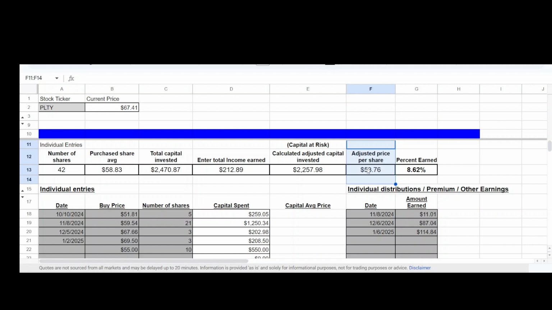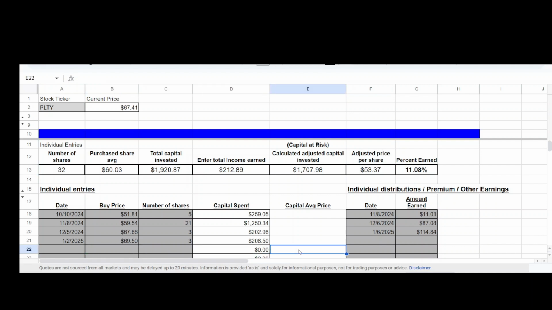I really would like to be able to purchase below that price to help average that down. That way I'm averaging not only my adjusted price per share down, but I'm also averaging the overall share price of my capital down as well. So that is really what I am trying to start to do.